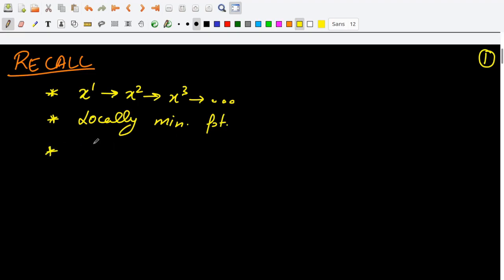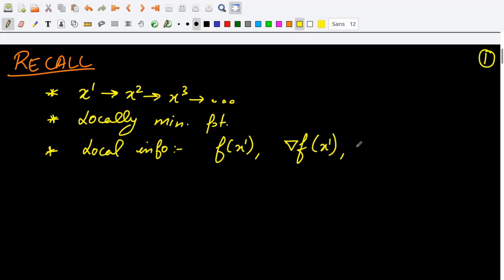At every point x1, x2, x3 that we visit, the only information that we have is what we call local information, which is the value of f at the point I'm currently at, its first order derivative, which is the gradient at that point, and then the second order derivative or the Hessian at the current point.